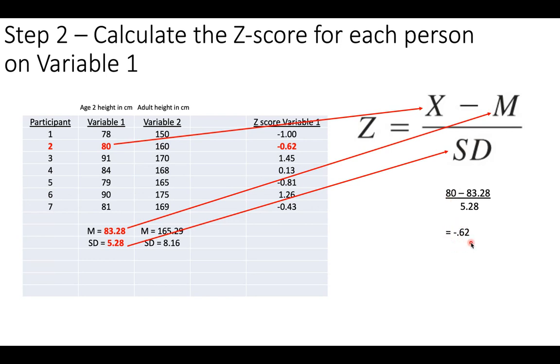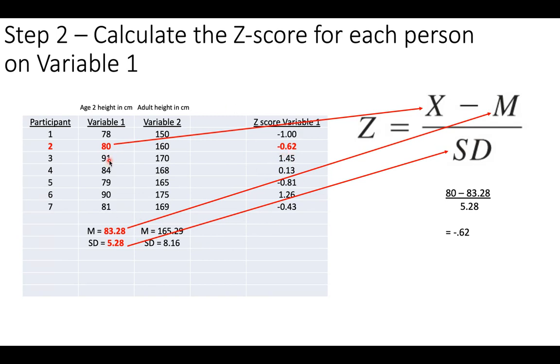They were, we might say, less short than person 1. Person 1 was 78 centimeters. Person 2 is 80 centimeters. Person 1 is more extremely short, so they have a more negative z-score of negative 1.00. Person 2 is less extremely short, so they have a negative z-score of 0.62.